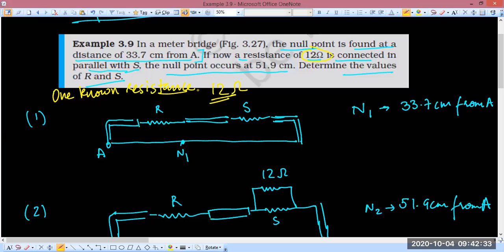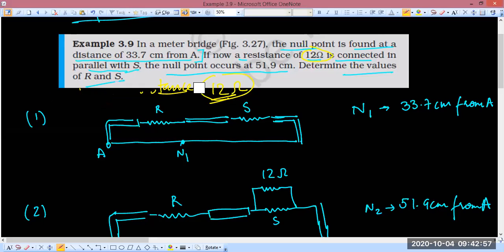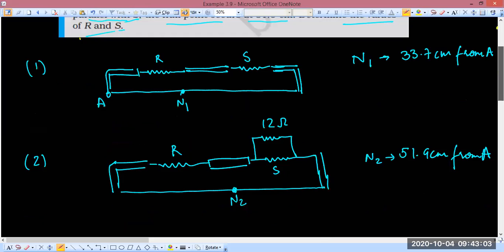So without that one known resistance 12 ohm, it is impossible to use this whole instrument. I hope that is absolutely clear. Right? Wheatstone bridge no કંઈ પણ થાય નહીં જો if you don't know one known resistance. All right? So please keep that in mind. You could say this is a limitation of this method. Right? You could say that this is a limitation. Right? Okay.